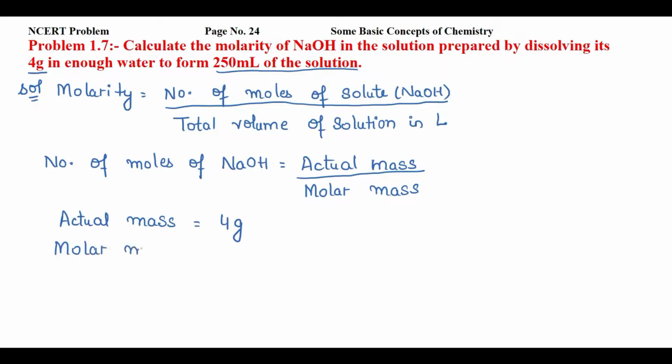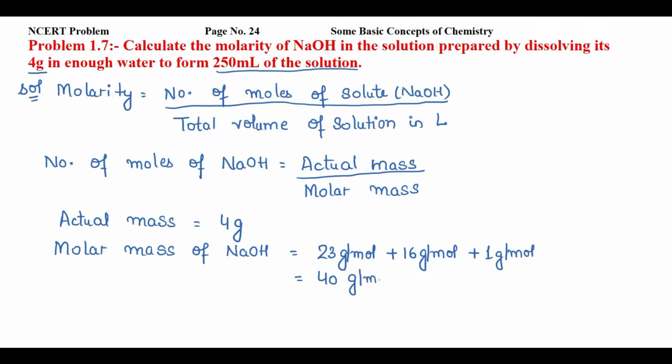So molar mass of NaOH, we can find it by adding the atomic masses of sodium, oxygen and hydrogen. So atomic mass of sodium is 23 gram per mole plus atomic mass of oxygen 16 gram per mole plus atomic mass of hydrogen 1 gram per mole. So 23 plus 16 plus 1, the answer is 40 gram per mole.